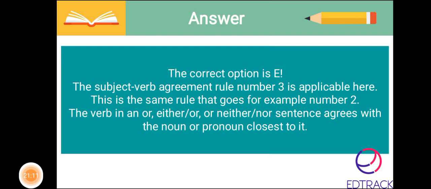So it is the noun or pronoun closest to where the verb is going to be that determines whether the verb is singular or plural, and that is what makes option E the most appropriate answer for that question.